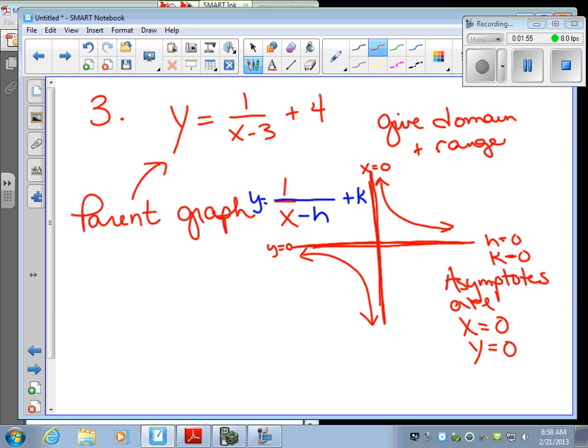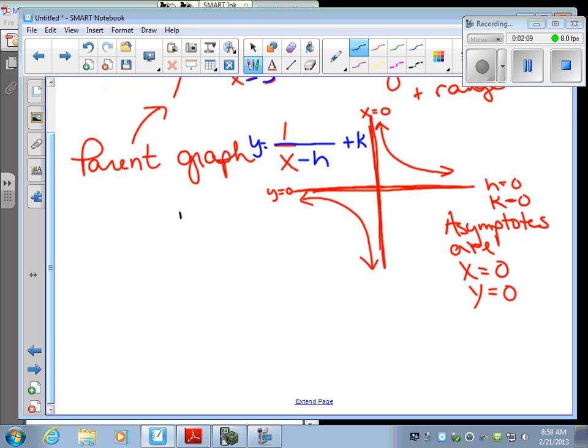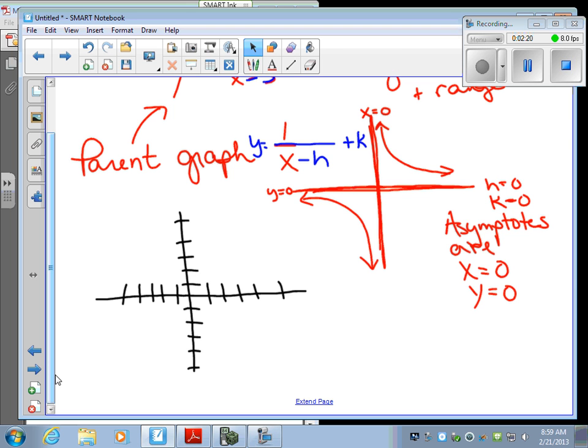So if I have to graph something where I have a minus 3 here and a plus 4 here, the thing that's going to be different about my new graph, so I'm just going to put the regular parent graph here.